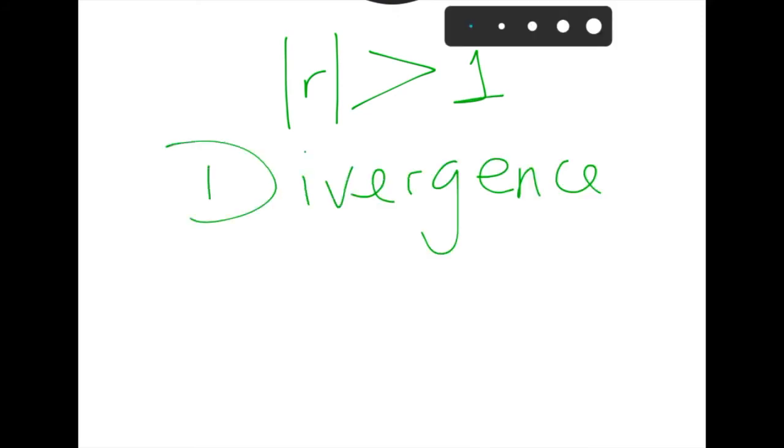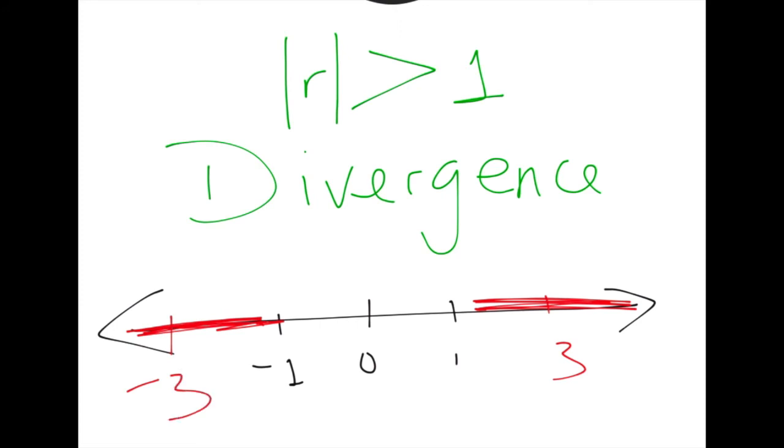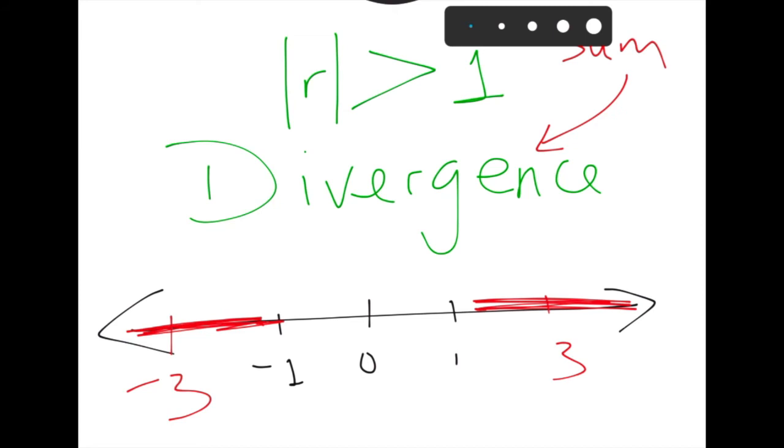In other words, if I have a number line like this, that's 0, that's 1, that's -1. If the common ratio r is out here, like 3, just like we saw, or -3, the sum will diverge. But let's see what happens if the common ratio was here.